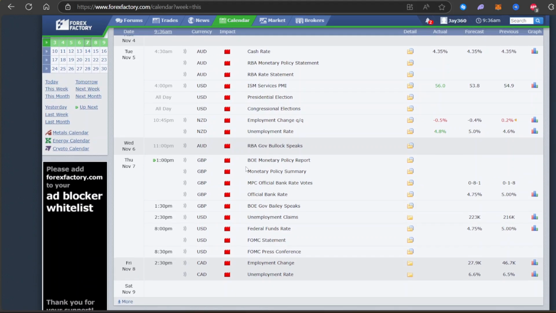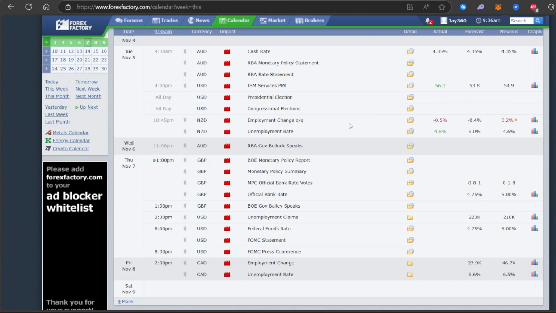And we have some other frequently occurring news like unemployment rates, monetary policies, bank rates, federal funds rates, FOMC, and the rest of them. Okay, so these are economic events that affect the health of the respective currency. Okay, and these clues can directly impact the currency's value in the forex market.